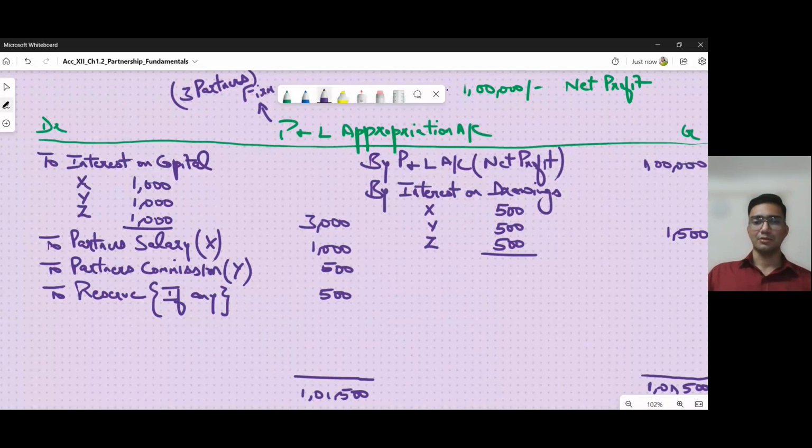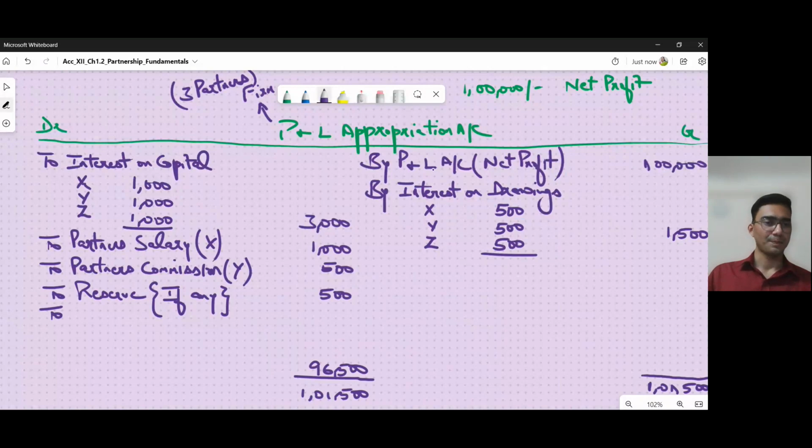And I'm going to be left with a balance of 1,01,500 minus 3,000 plus 1, 4,000, 5,000. So 1,01,500 minus 5,000 makes it 96,500. So 96,500 is my amount which I have to write here. This is my balancing figure.